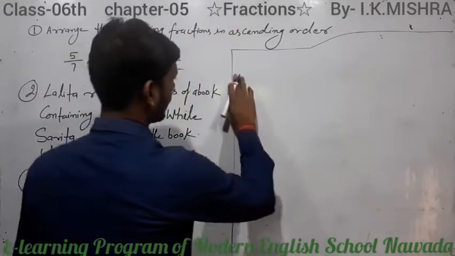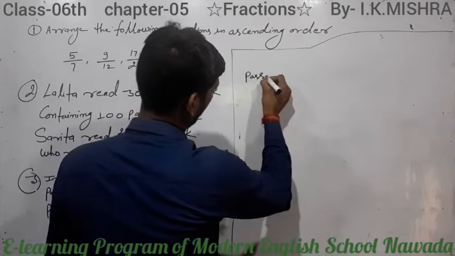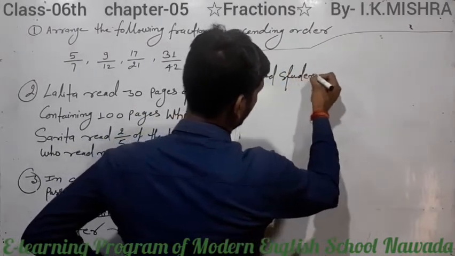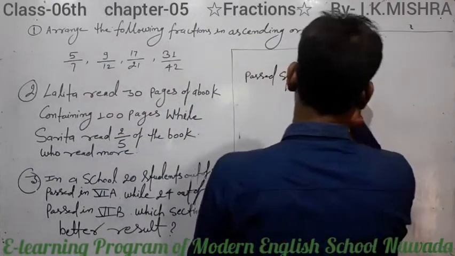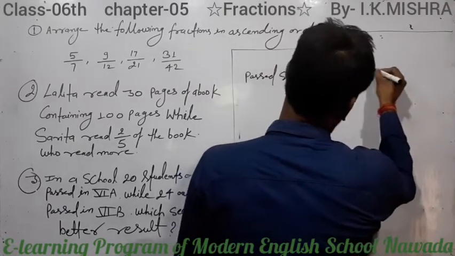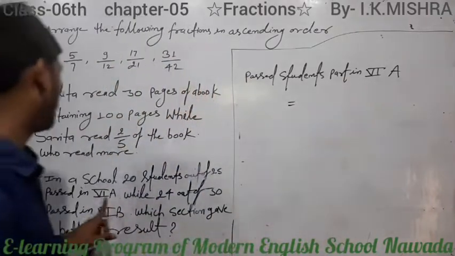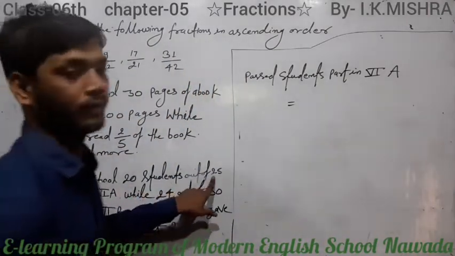Write, passed students part in 6A is equal to, in 6A 20 students out of 25.